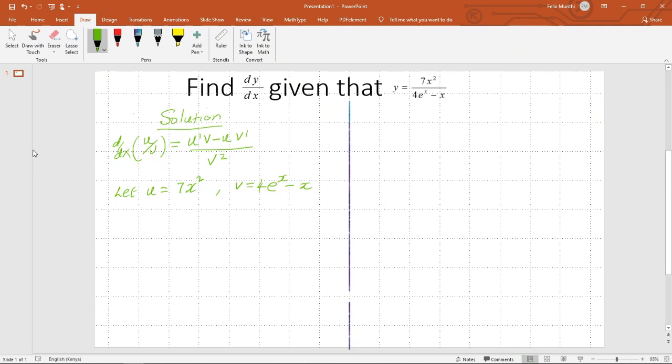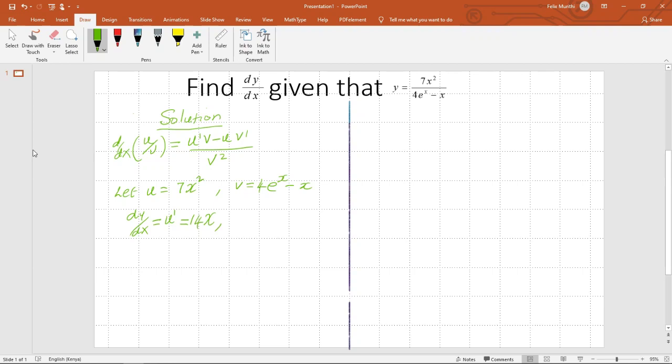Here we can look at du/dx, which is the same as u prime. Differentiate this with respect to x using power rule. We will have 14x: you take the power, multiply by the constant, and then subtract 1 from the power. That is power rule.